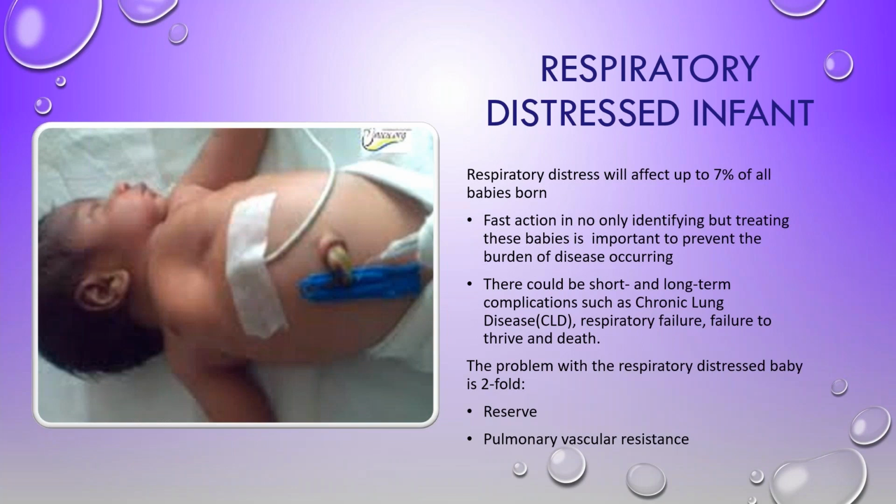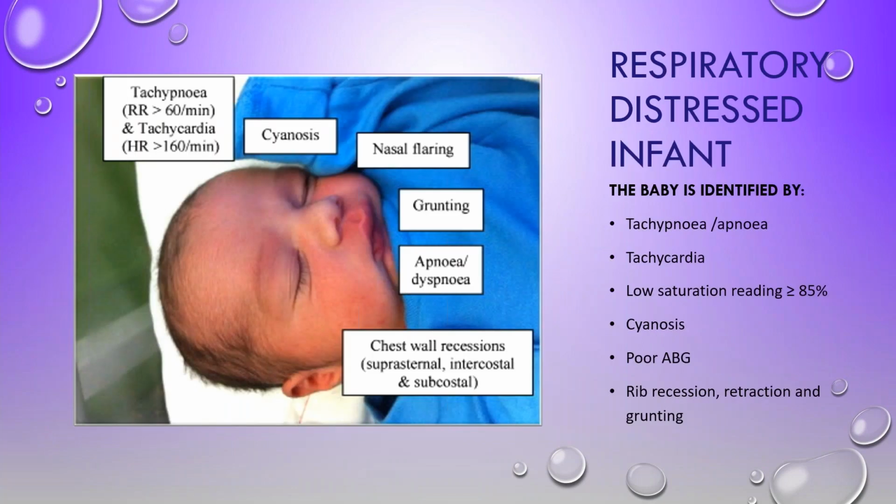The problem with respiratory distressed babies is twofold. One is reserve and the other one is pulmonary vascular resistance. So let's look at how we identify this baby.